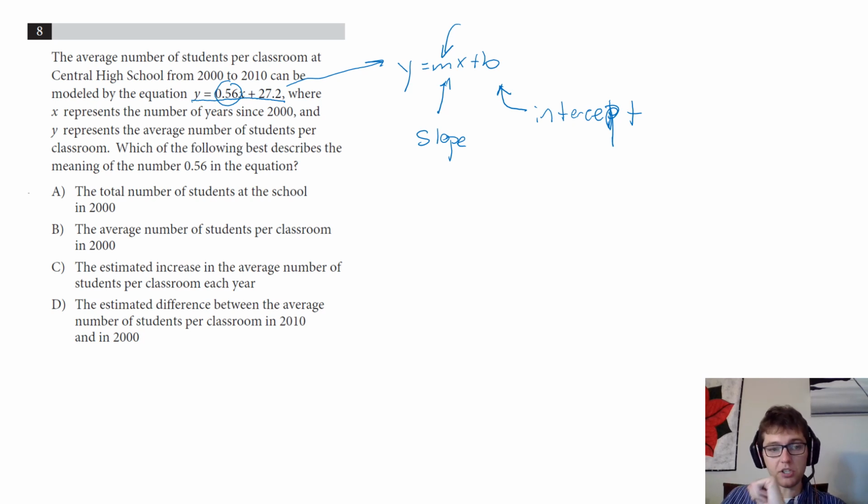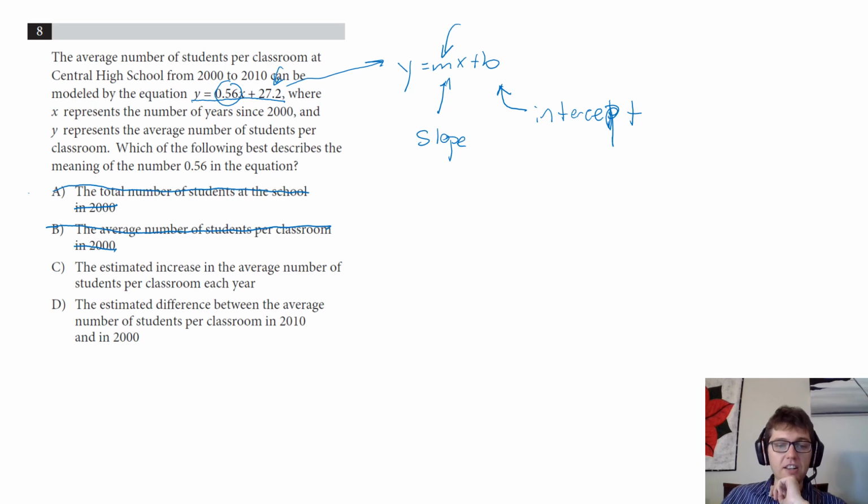Does that 0.56, the slope, represent the total number of students at the school in 2000? Nope, that would be the initial condition. In fact, that's not even the initial condition because the b here is actually the number of students per classroom in 2000, which is what B asks for. So is it the average number of students per classroom in 2000? Nope, that is the initial condition. A was just completely wrong.